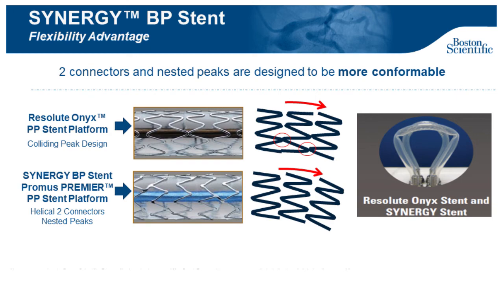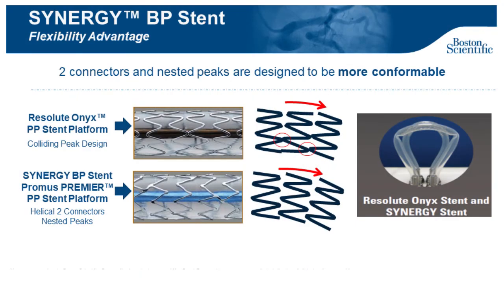Whereas with Synergy, the peaks nest, so you can get a much tighter curvature of radius on the inside of the stent. Plain and simple, on Onyx, when you start to bend it and the peaks collide on the inside of the edge, the only way that stent can conform and become more flexible is by creating gaps on the outside edge of the stent. This is also depicted pretty clearly in the picture on the right.